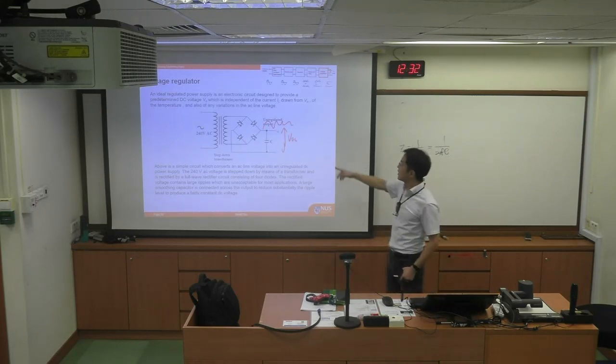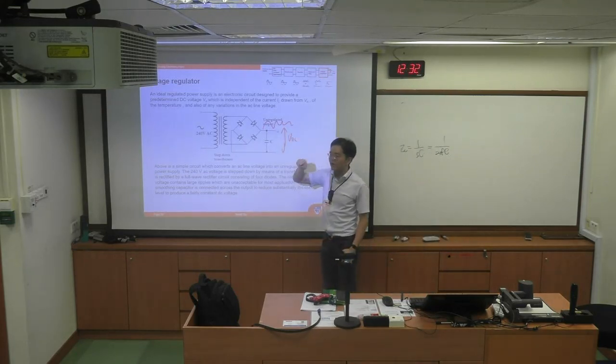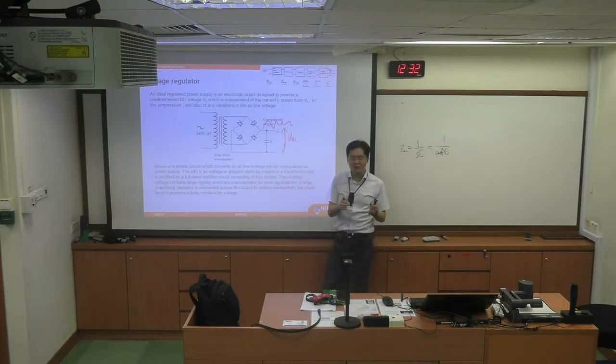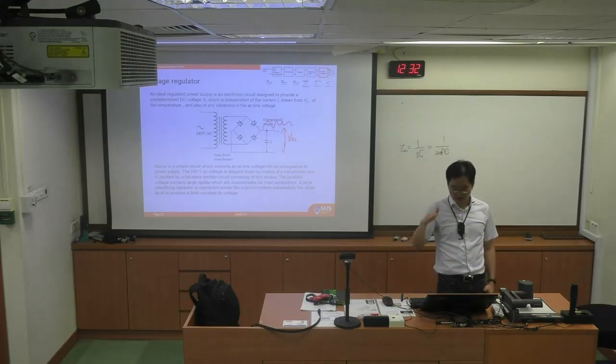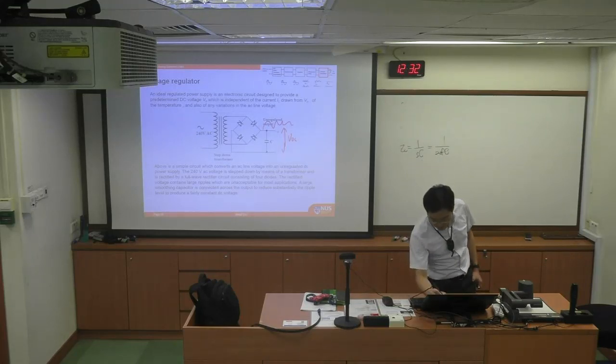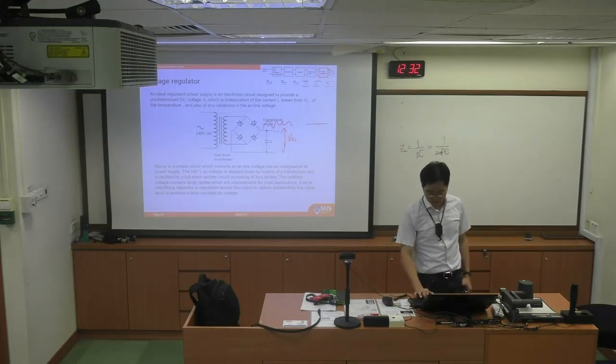Right? This cannot be used directly in your electronics because especially your CPUs and these electronics circuits are very prone to ripple and either fail or get a lot of stress. So that's why this ripple has to be regulated into a clean DC as much as possible.